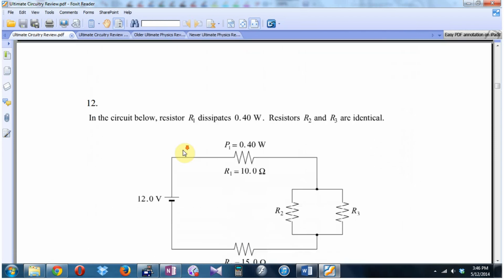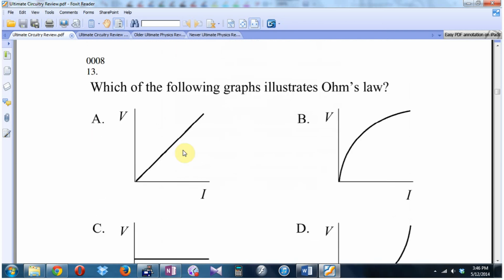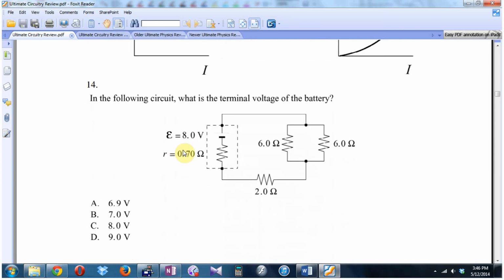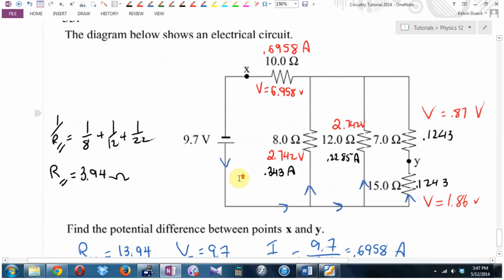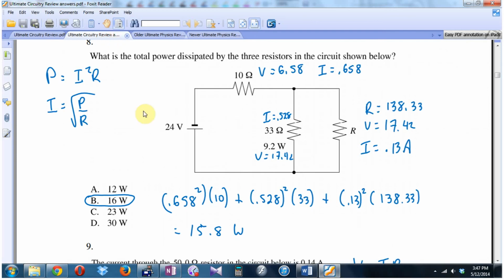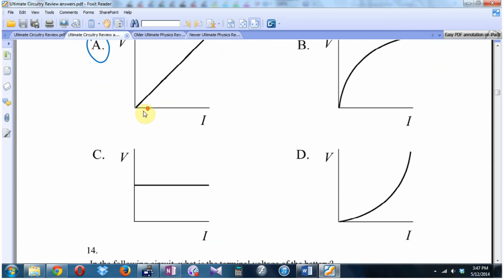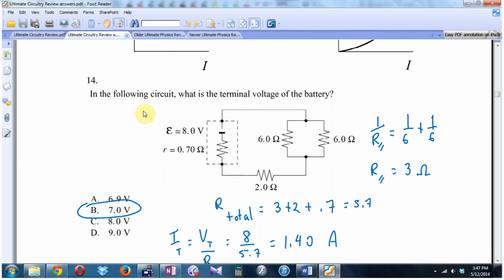Yeah, 11's fine. 12's good. Is number 14 the one that I hate? Let me just check. Oh, and then I gotta look at the answer key. No, 14 I'm good with.